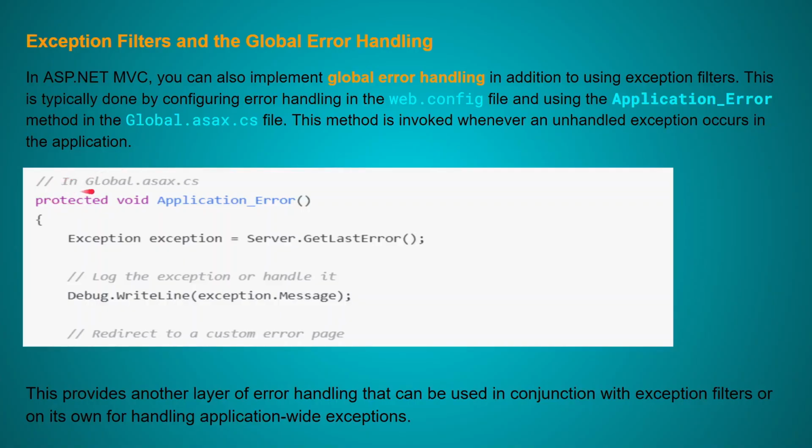So in the Global.asax page, Application_Error: Exception equals Server.GetLastError. Then log the exception or handle it, Debug.WriteLine exception.Message, and redirect to a custom error page. This provides another layer of error handling that can be used in conjunction with exception filters or on its own for handling application-wide exceptions.